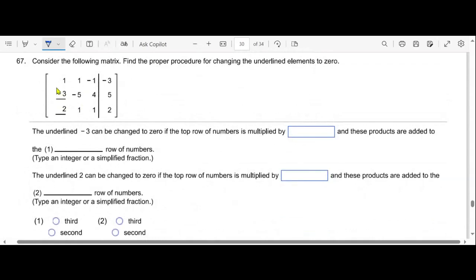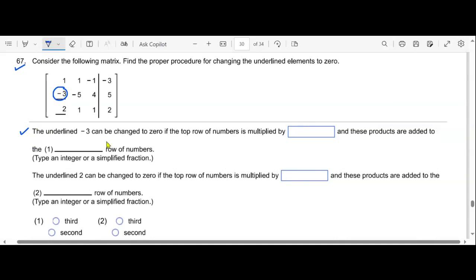Fawaz, read. Consider the following matrix. Find the procedure for changing the underlined elements to 0. I need to change this to 0, right? Yes. Badr, can you read this?